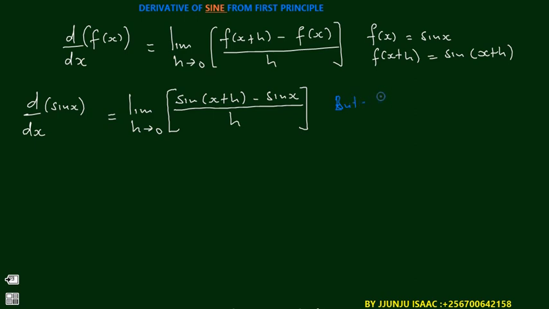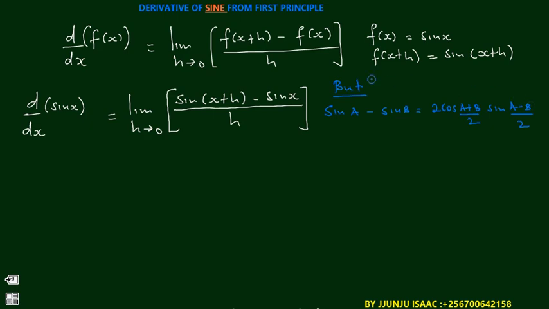Let us say if you have sine A minus sine B, this is same as 2 sine A plus B over 2. I beg your pardon, it is cos A plus B over 2 sine A minus B over 2.